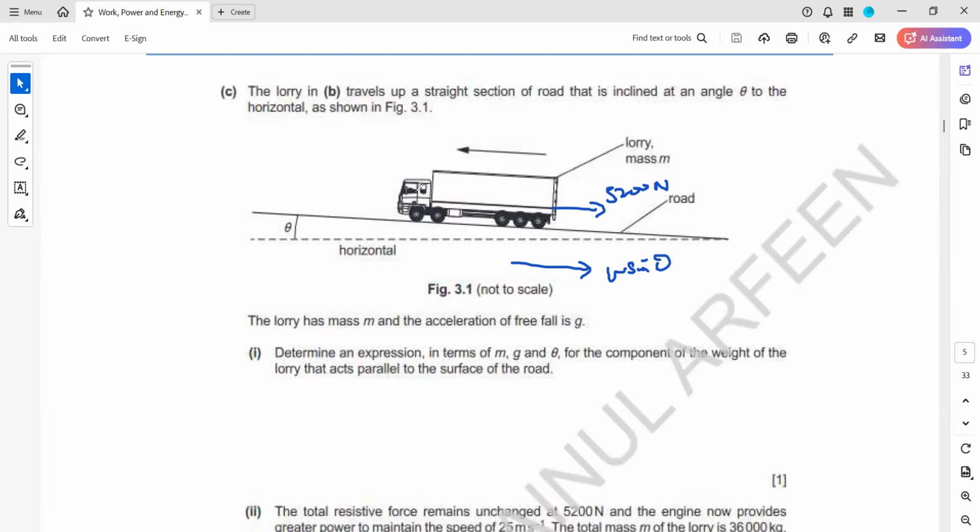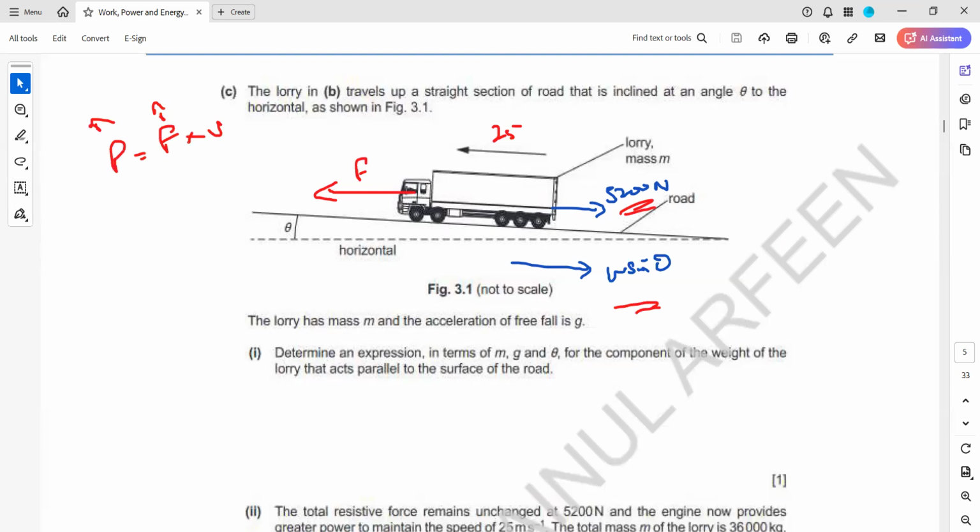So the forward force to maintain a constant speed of 25 should be the sum of 5,200 plus W sine theta. If the forward force increases, to maintain the same constant speed the power will also increase. So first we'll find the new force, which will be the sum of the resistive force plus the component of the weight.